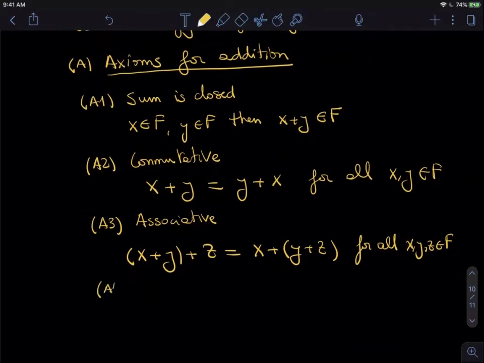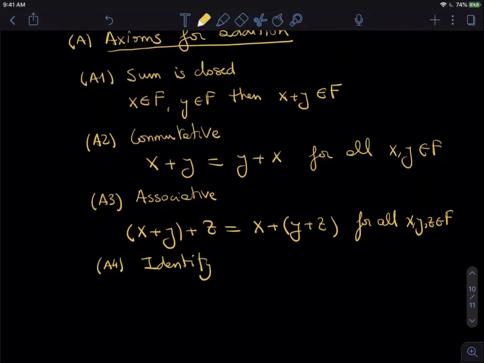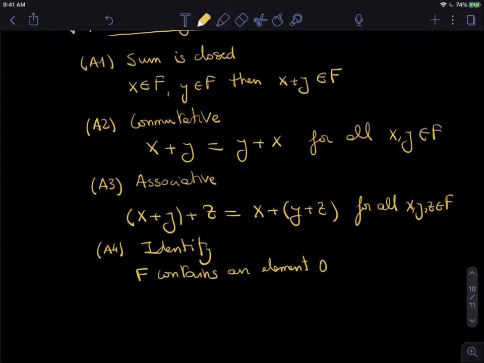Then we have the identity. This means that there is an element, F contains an element that we call 0, but this is just a name at this point.